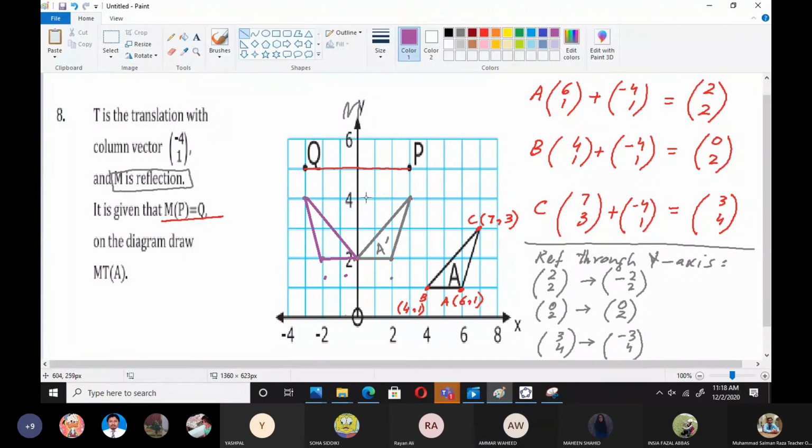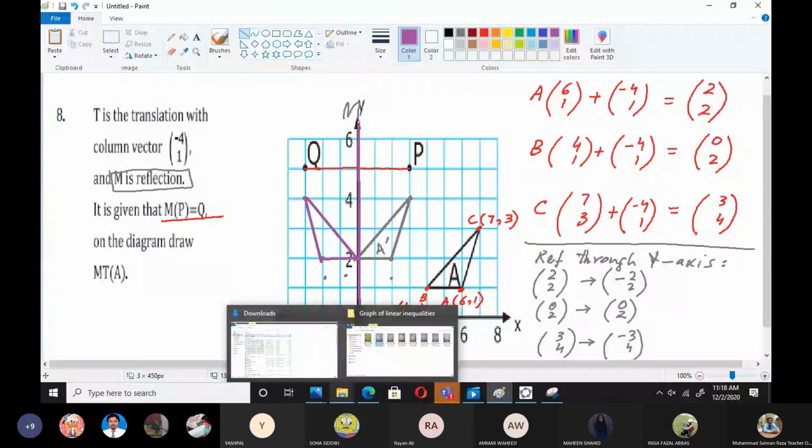Any problem? Yes, son. Sir, why did we do the reflection through the y-axis? Because x is not translated, and this line is mentioned over here, like in the previous question where the line was mentioned.